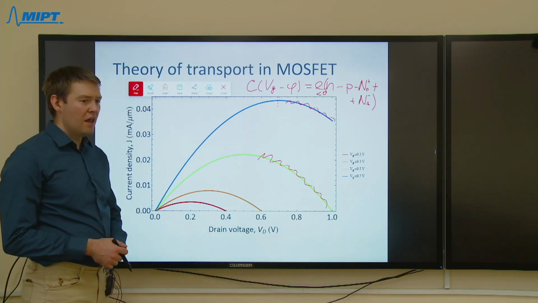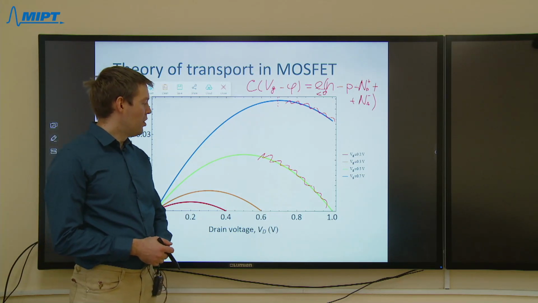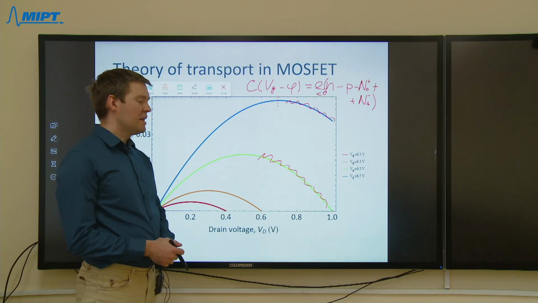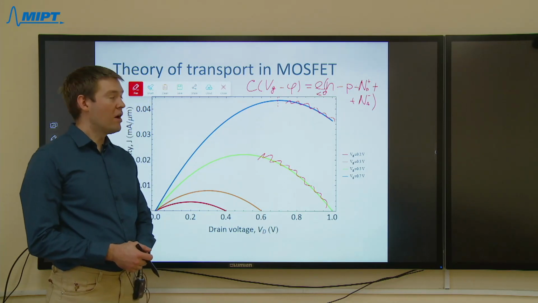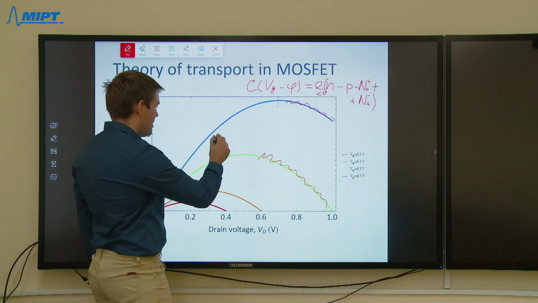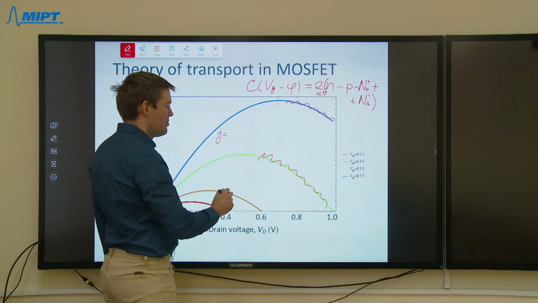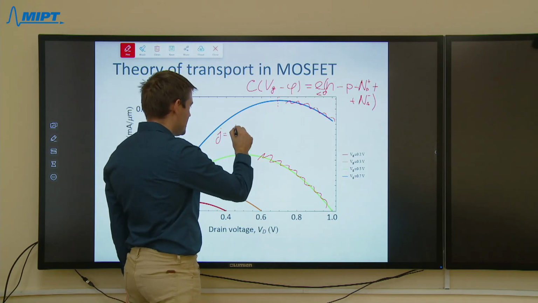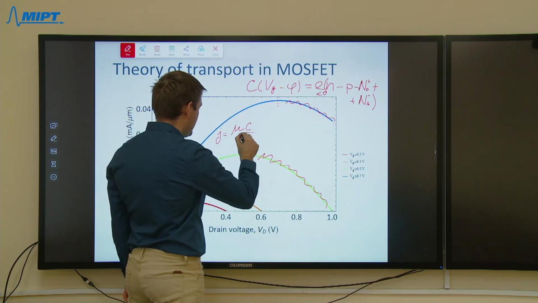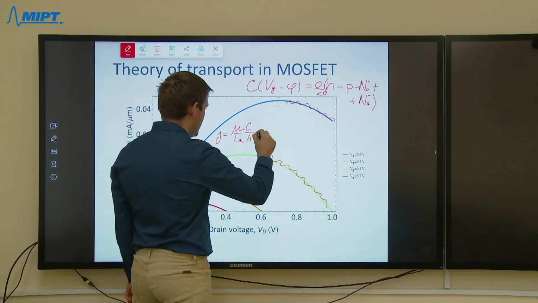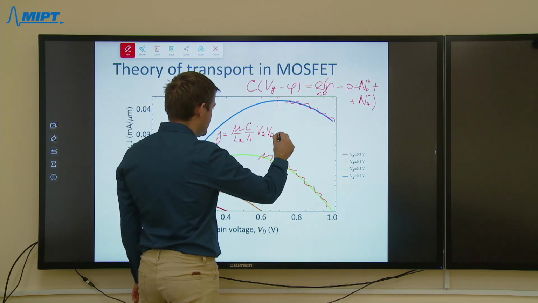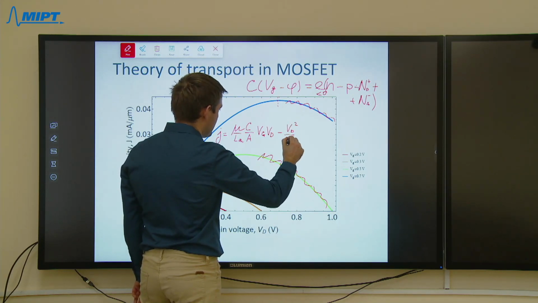One of the other disadvantages of our model was that it doesn't predict the presence of the off state in the transistor. Once again, the equation describing the current voltage characteristic was mobility multiplied by capacitance per unit area divided by channel length multiplied by gate voltage and drain voltage and the quadratic correction.